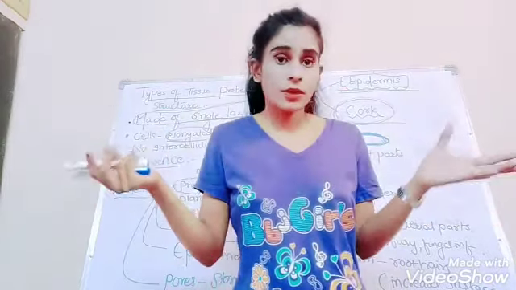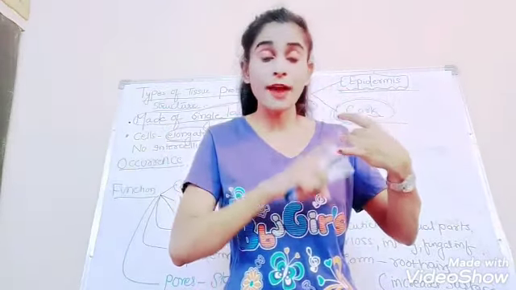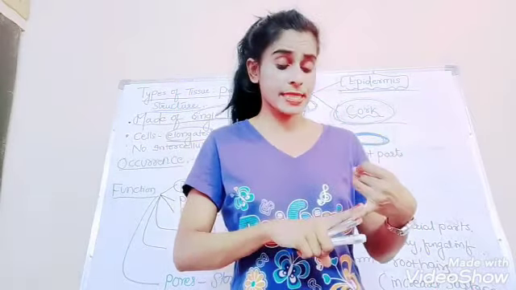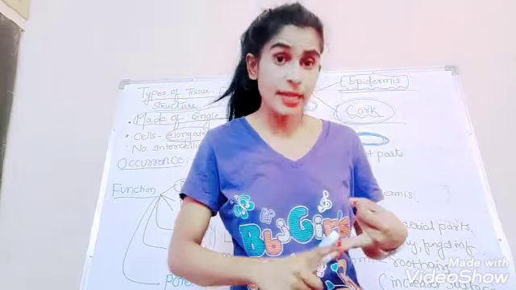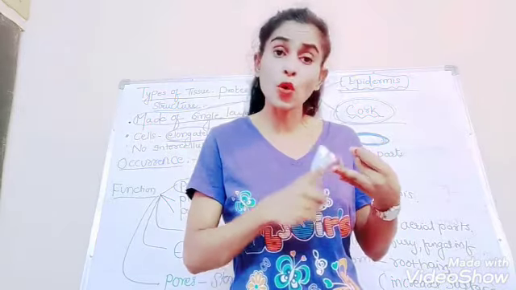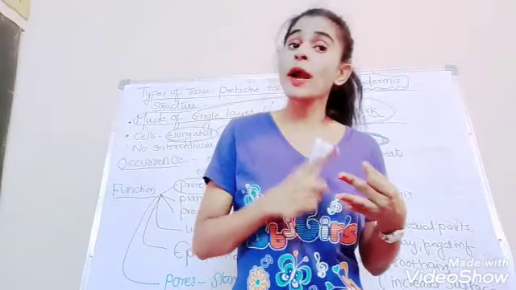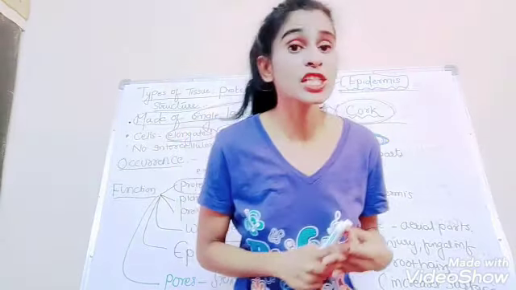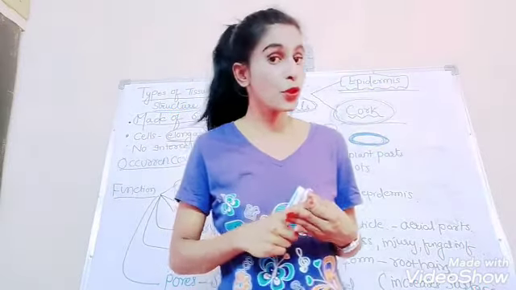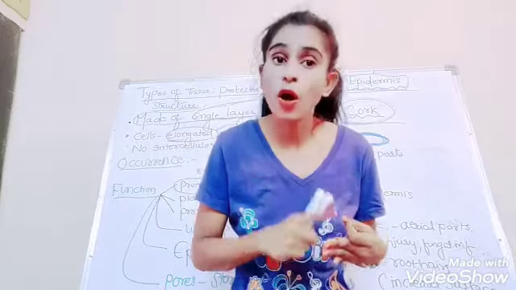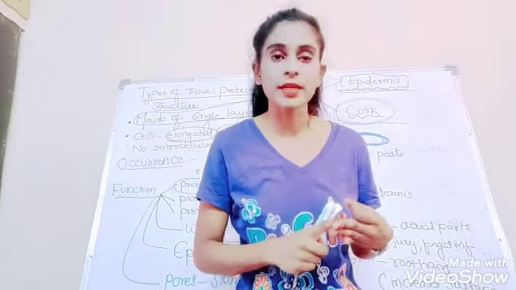First, note that in dry habitats water is very scarce. Second, plants have to store water inside their body. And we know about a process called transpiration. Do you know what transpiration is? Transpiration means the loss of water.